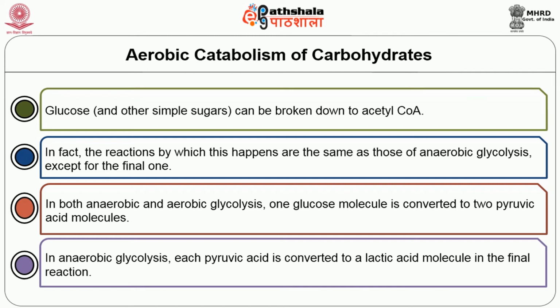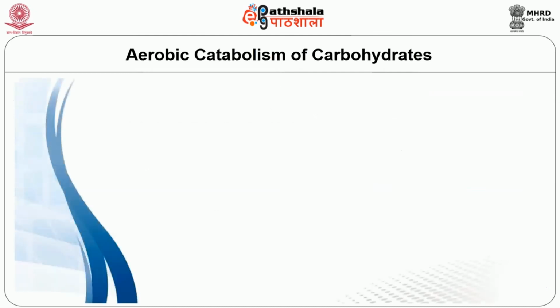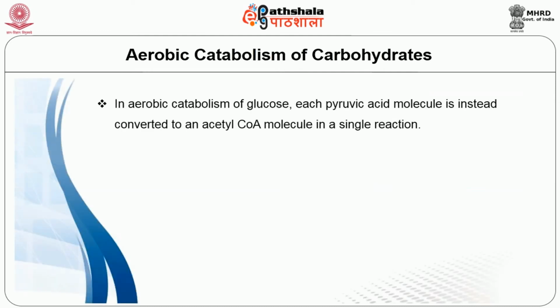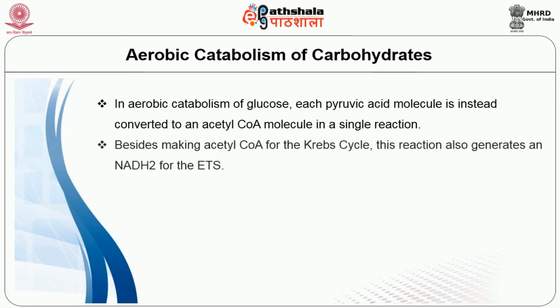In anaerobic glycolysis, each pyruvic acid is converted to a lactic acid molecule in the final reactions. In aerobic catabolism of glucose, each pyruvic acid molecule is instead converted to an acetyl-CoA molecule in a single reaction, besides making acetyl-CoA for the Krebs cycle.